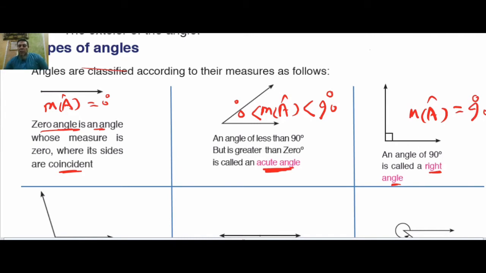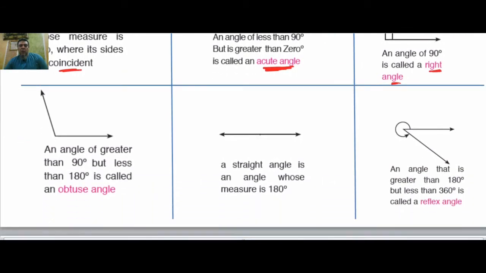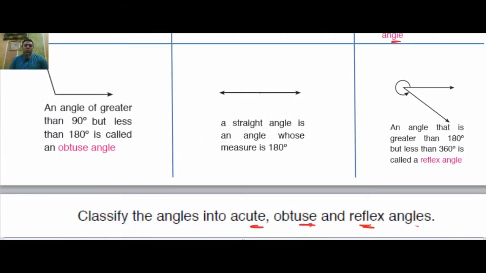The fourth type is the obtuse angle, whose measure is greater than 90 and less than 180 degrees, between 90 and 180.